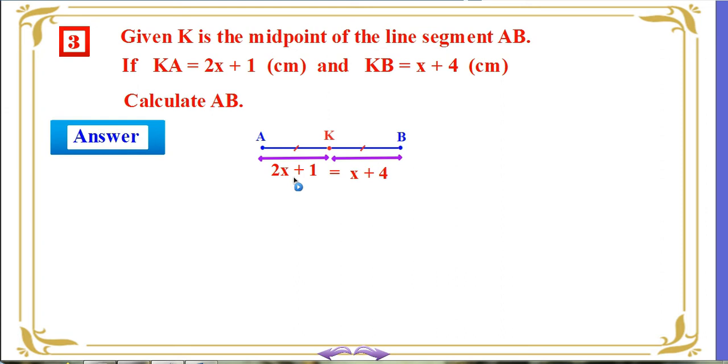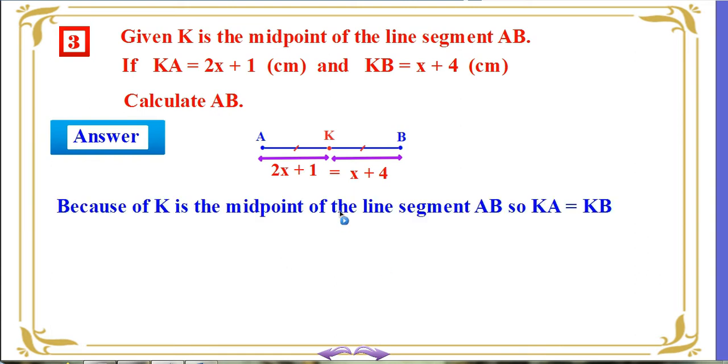So we have KA equals KB. Then we have 2 multiplied by x plus 1 equals x plus 4. To solve the problem of finding x, we keep the terms containing x on the left side and move the constant term to the right. And pay special attention when moving one term from one side to the other side.